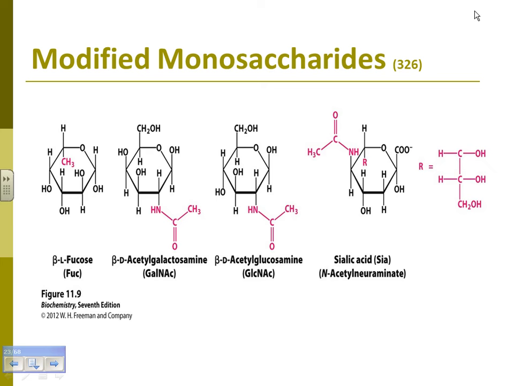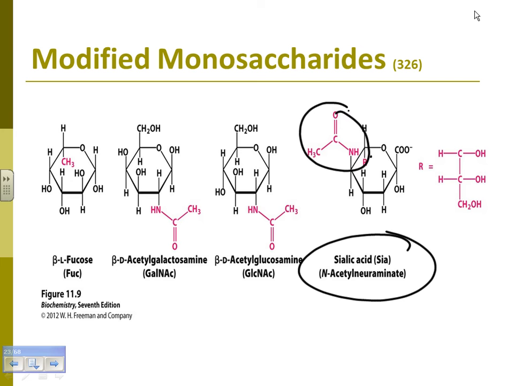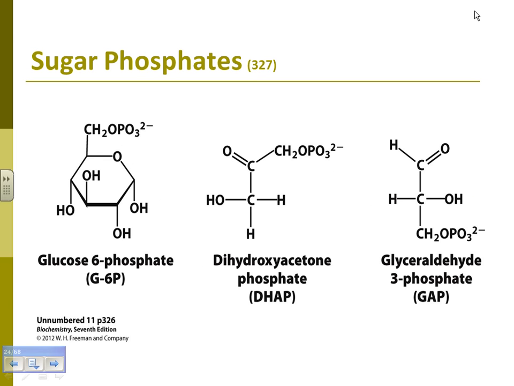If you were given all these on a quiz, this one would be the biggest because it not only has this added on, but it has this R group. This R group here is this. Again, quiz level.